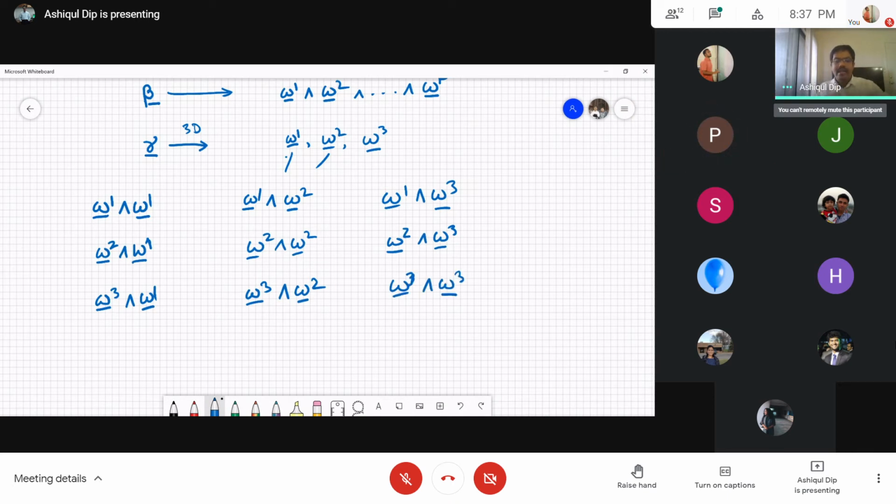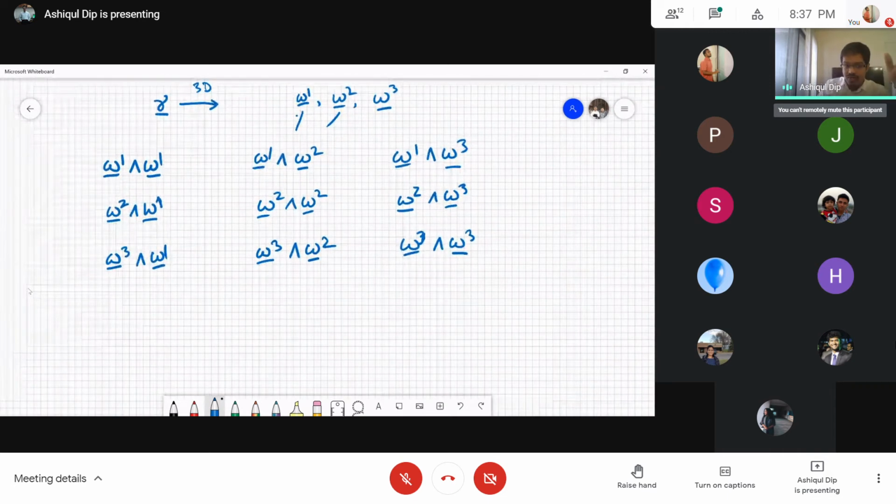Okay. Now we know how to take the wedge product between 2 one form objects, right? We already defined it.